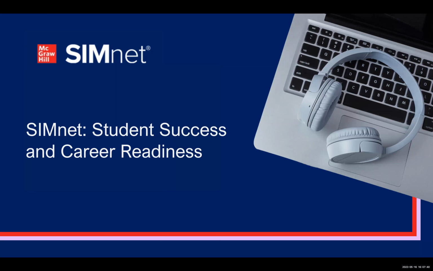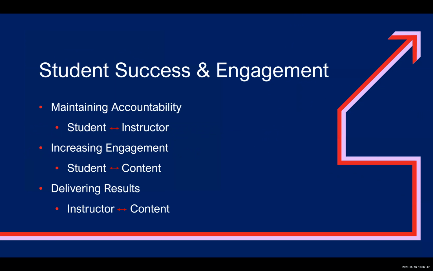But anyway, we're going to talk about student success and career readiness. In student success and engagement, the three main factors I look at are, first, maintaining accountability. That's the interaction between student and instructor, and how we interact, whether in a face-to-face environment, an online environment, a hybrid environment, or some combination thereof.